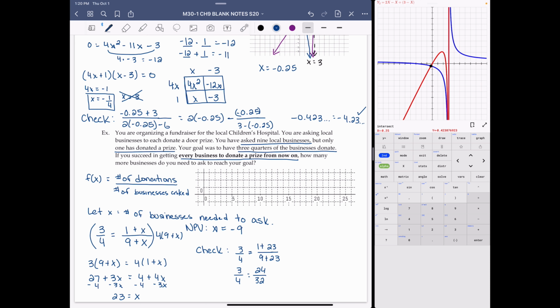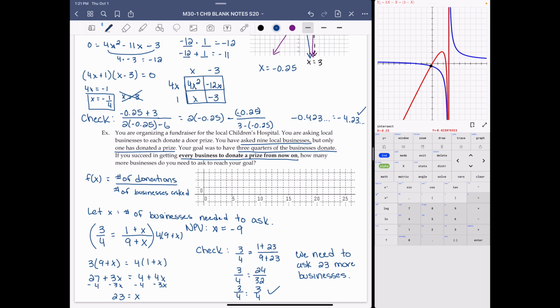We can divide 24 by 8, we get 3. We can divide 32 by 8, we get 4. So that gives us 3/4 equals 3/4. So true, which means that we need to ask 23 more businesses. x equals 23 is our answer.